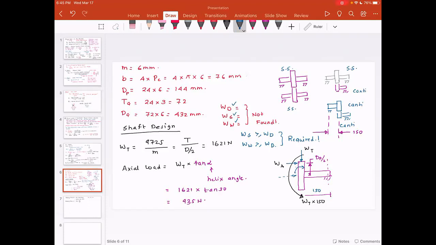They are, since WT and WA, they are perpendicular to each other. These two moments, which is the moment given by WT and the moment given by WA, are perpendicular to each other.